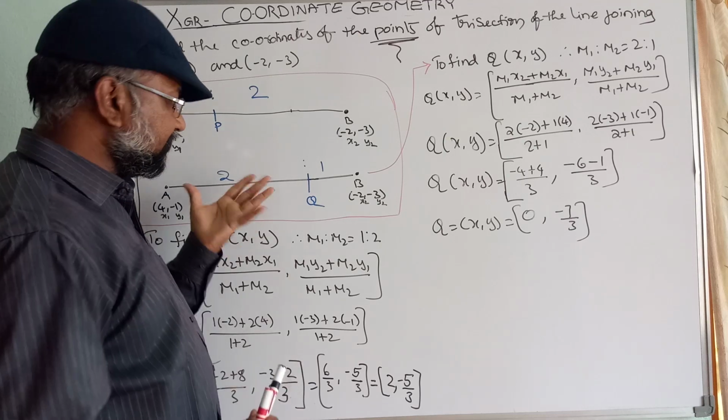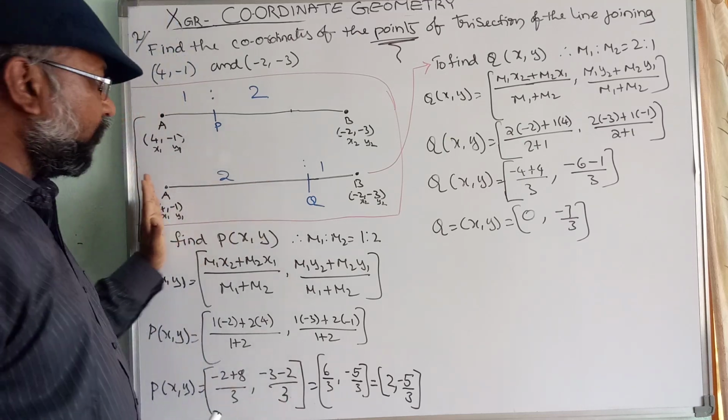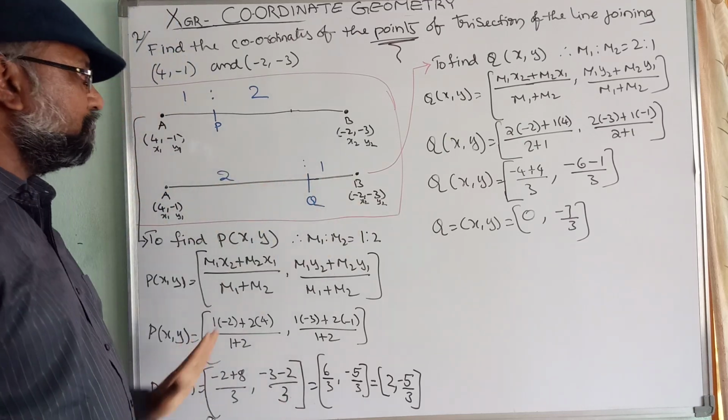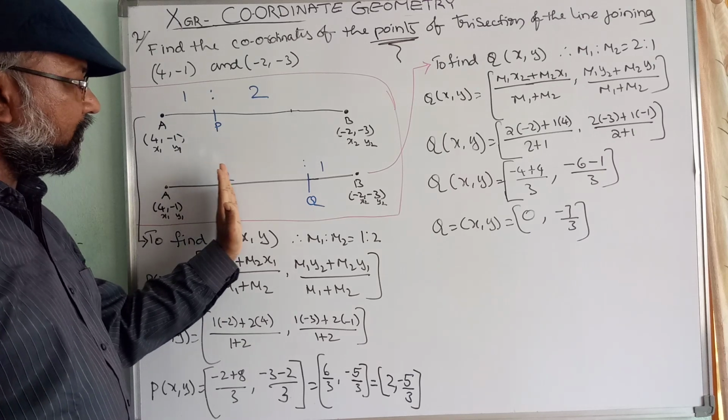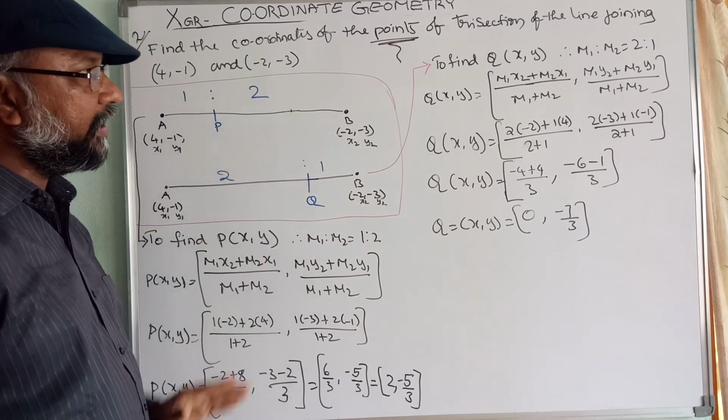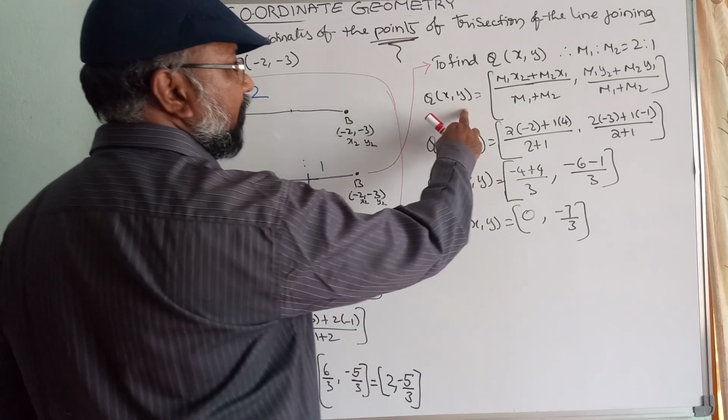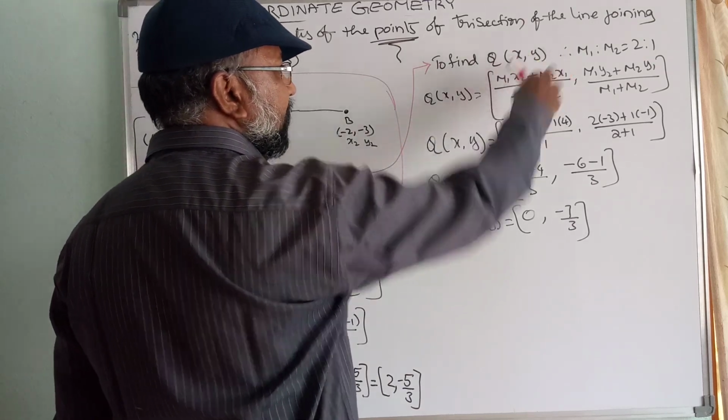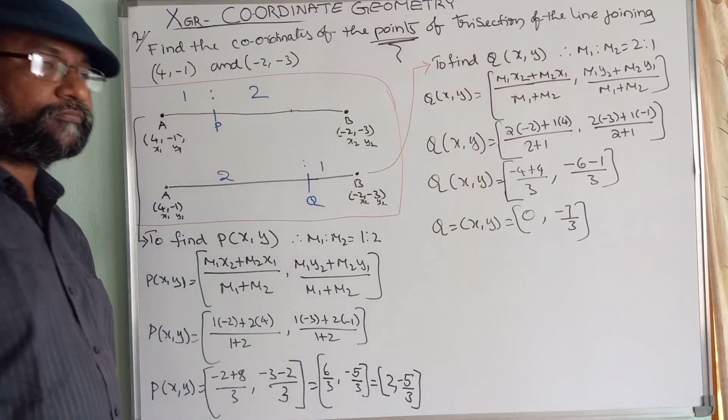Now for the same, A point and B point are the same, but now we don't want P, we are going to get Q(x, y), and the ratio is 2:1.